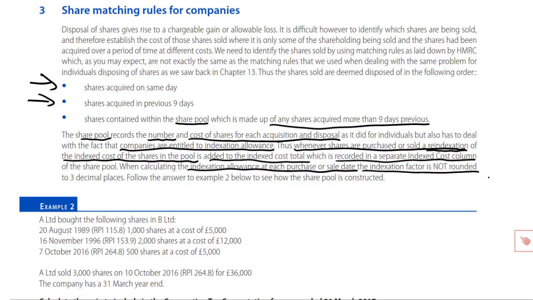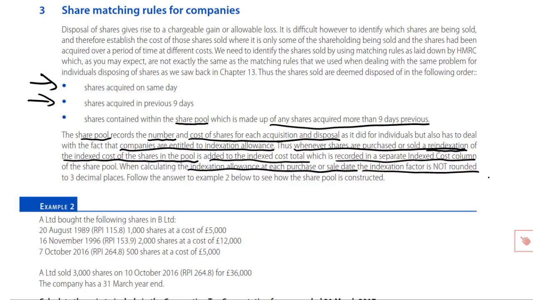You just leave the result of your calculation, the RPI now less what the RPI was, either when you bought or at the last date of re-indexation, and take that increase in the RPI over the original RPI at the last time of re-indexation. And instead of looking to the third decimal place and rounding, you just leave it in your calculator and multiply out by the previous balance on your index cost column.